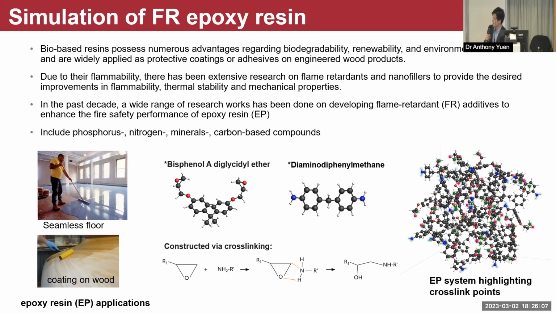It has been commonly applied in flooring and as a coating on wood to protect the wood from oxidizing. And I think nowadays it's very commonly found on any surface. You have epoxy coating layers. But again, the problem lies in the flammability of epoxy itself.